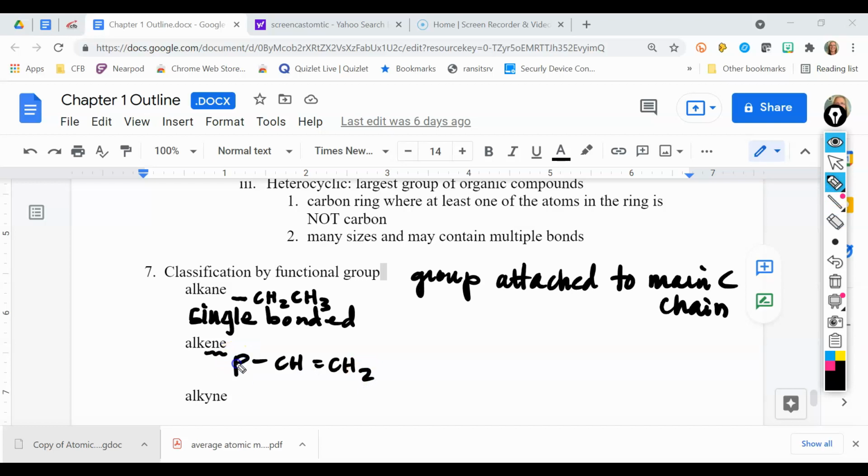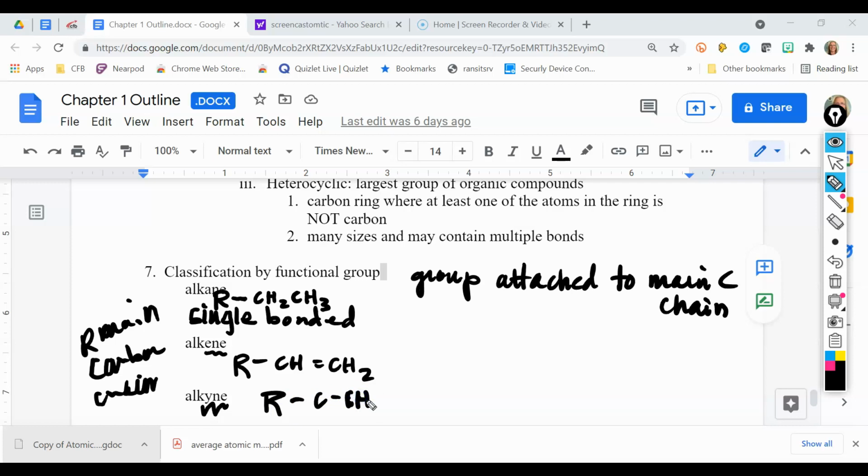So my R is going to represent here the main carbon chain. Okay. What about if we have an alkyne? An alkyne is referring to a triple bond. So we would have our main carbon chain, and then we would have the CH attached. So what we're going to have is a triple bond like that.